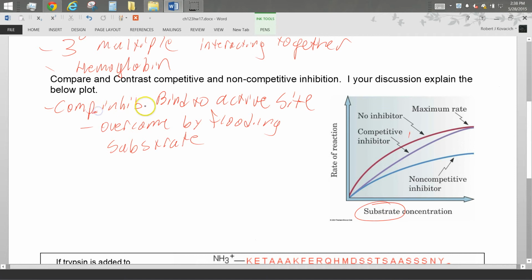And what about the non-competitive? They bind other areas, changing the shape of the active site.